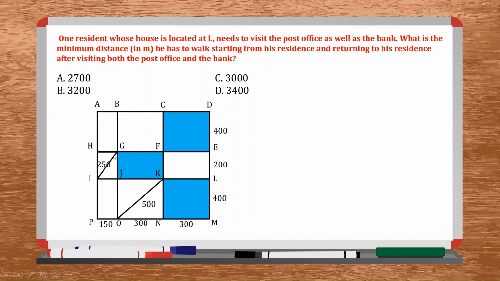First 400 plus 250 is 650. 650 plus 400 is 1050. Then 150, 500, and 300, which is 950. So the total adds up to 1200 plus 1050 plus 950, which is 3200. So the correct option is option B.